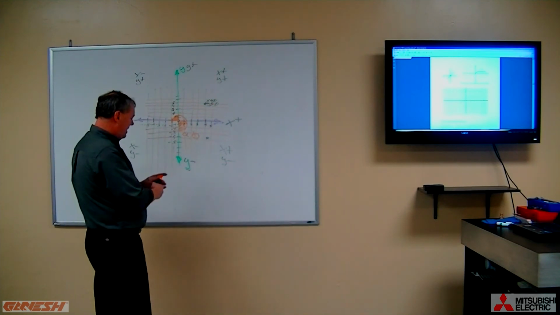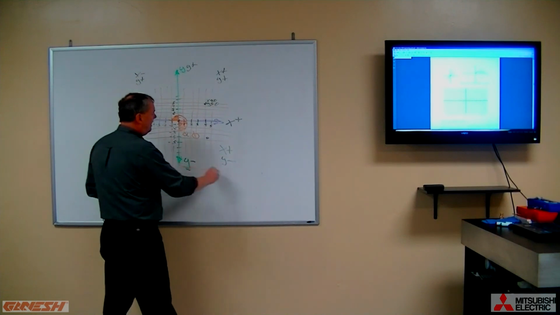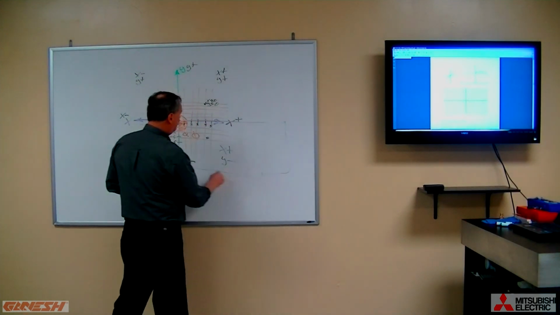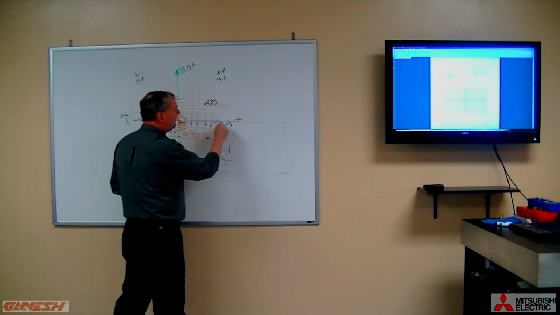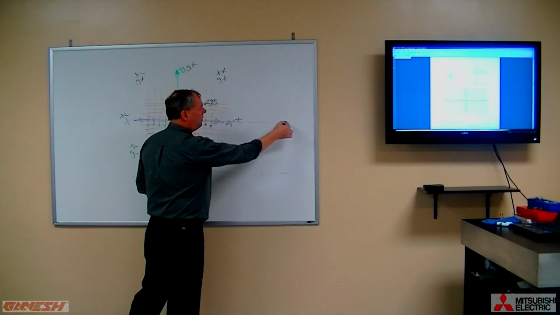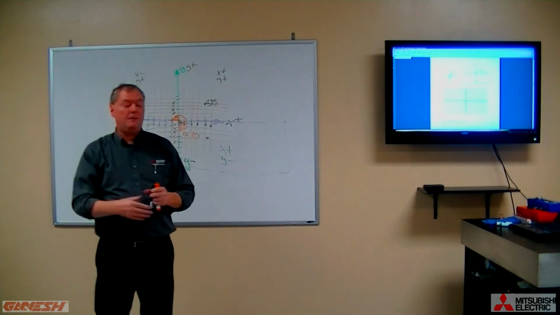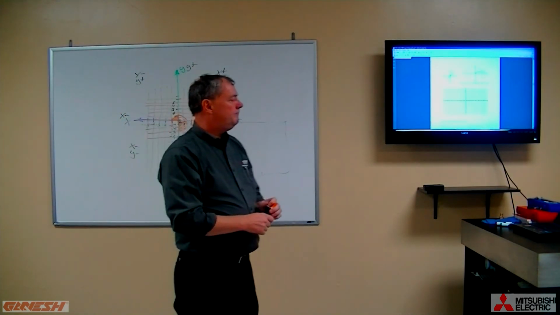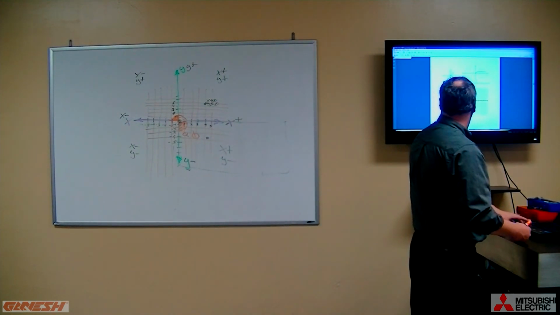Or the table travel might be centered right here and sit off to the right. So the machines might sit like this, which means that we'll go from x0 to x40 and from y0 to y minus 20, for example. But everything exists on the Cartesian coordinate system.